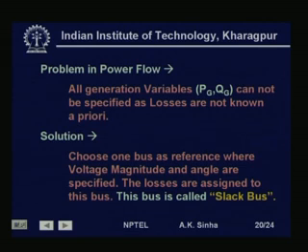Since the angle has to be specified, we normally will choose an angle equal to 0, and therefore, the voltage angle at all other bus bars will be related to this bus bar's angle. So, this bus bar can be seen as a reference bus bar where both voltage magnitude and angle are known or specified.